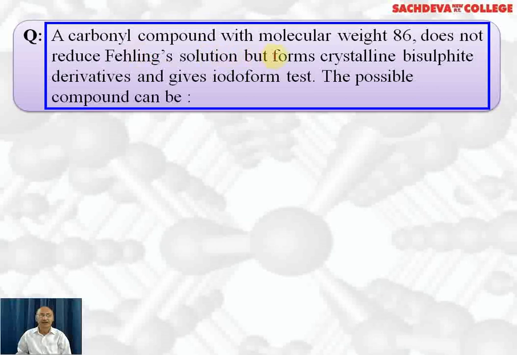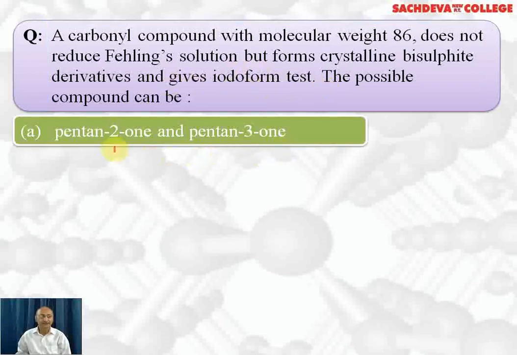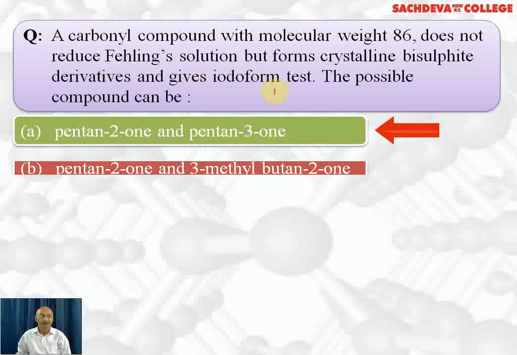Next question: a carbonyl compound with molecular weight 86 does not reduce Fehling solution, so it is not an aldehyde, but forms a crystalline bisulfite derivative, so it is a ketone, and gives the iodoform test, so it is a methyl ketone. Pentan-2-one is possible, but pentan-3-one is not possible because it cannot give the iodoform test.